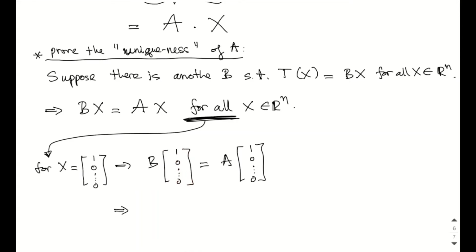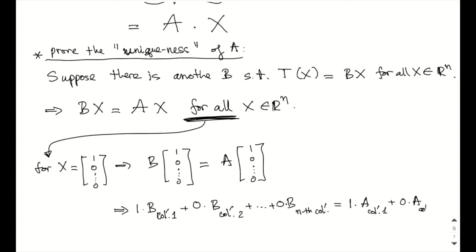So this is the same as multiplying 1 with the first column of B, and then 0 with the second column of B, and then 0 with the last column of B, which is the nth column. Right? On the right hand side, you perform the matrix vector multiplication. So 1 times the first column of A, and then 0 times the second column of A, and then up to 0 times the last column of A.